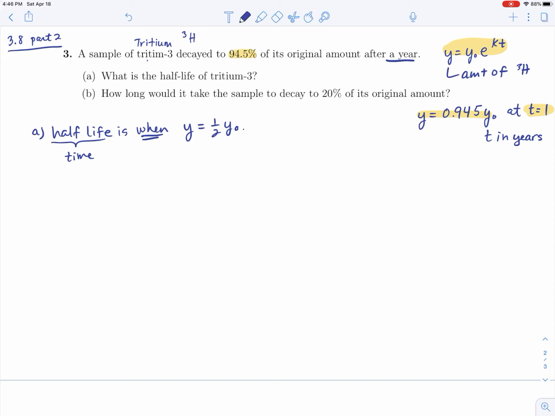So y, which is 0.945 of y naught, equals y naught e to the k times 1, so e to the k. We can divide both sides by y naught and they reduce to 1. So e to the k equals 0.945. That means k is the natural log of 0.945.